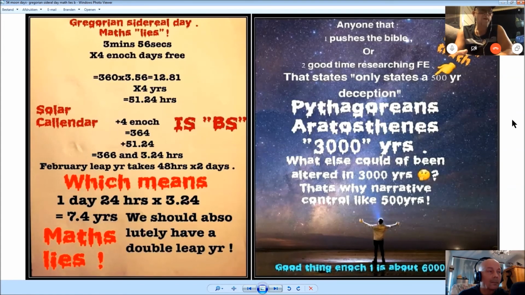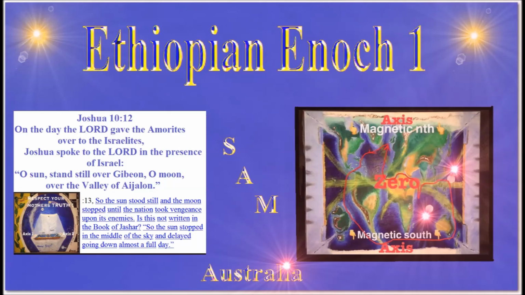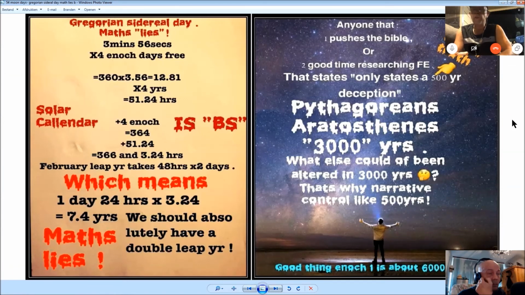Even in the Bible, where it says they stopped the sun and the moon for a day while the Israelites slew their enemy. Well, the Lord stopped the sun and the moon. Well, I'm sorry.